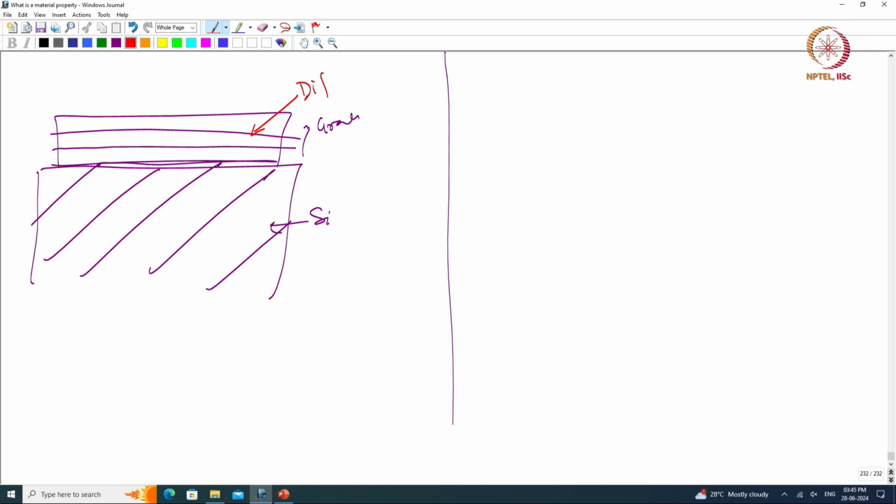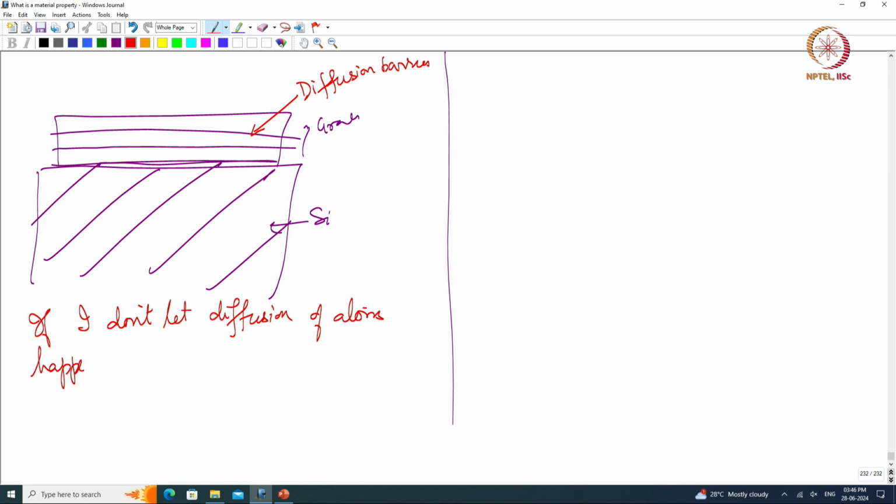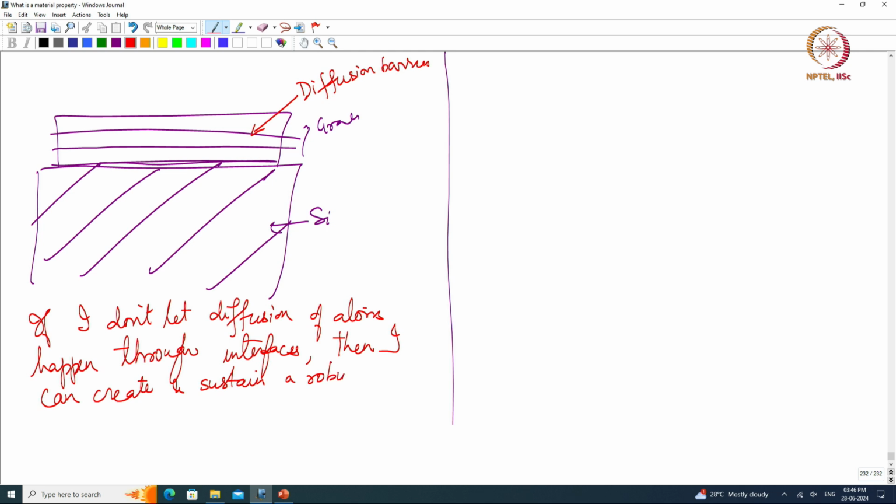These interfaces, if I make them diffusion barriers, right, if I do not let diffusion of atoms happen through interfaces, then I can create and sustain a robust energy material, right.